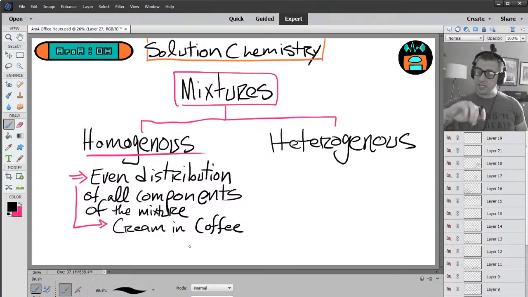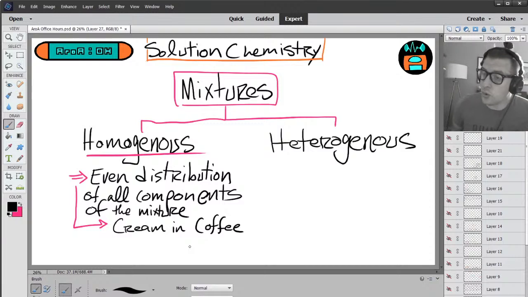Once you pour cream into coffee and you stir it in, there's an even distribution of cream and coffee. There's no portion of the cup that has more cream or less cream. Once you stir it, it is a homogeneous mixture, even distribution throughout.